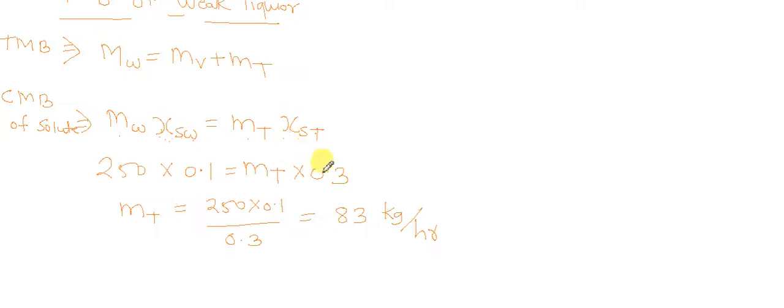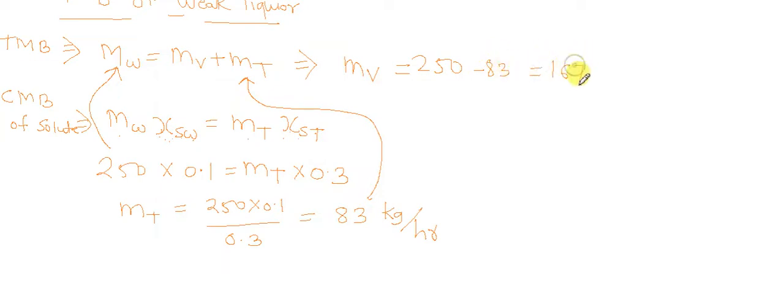Now this 83 kg per hour I substitute in this equation. I know the value of mw, 250, so I substitute it here. From this I get the mass flow rate of vapor as 250 minus 83, that is equal to 167 kg per hour.